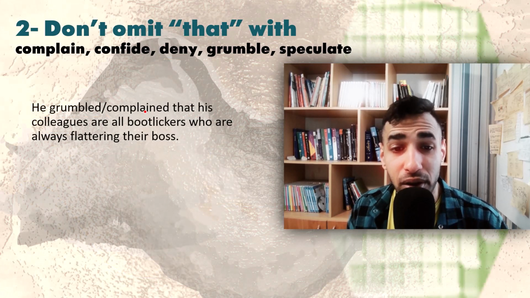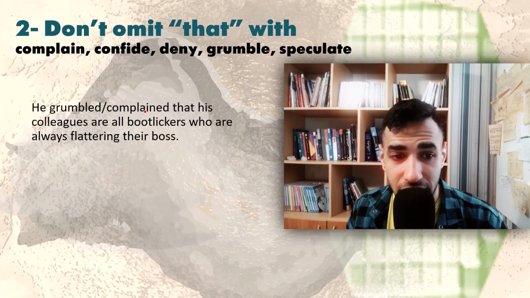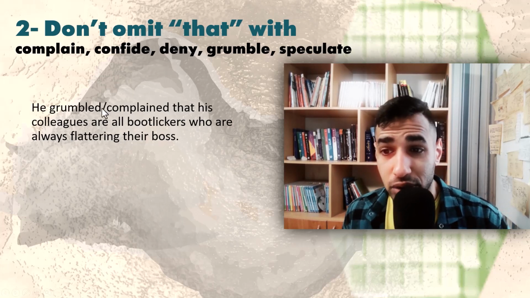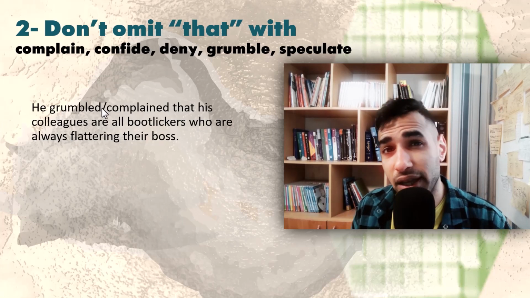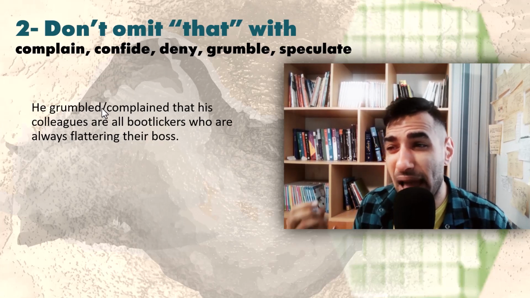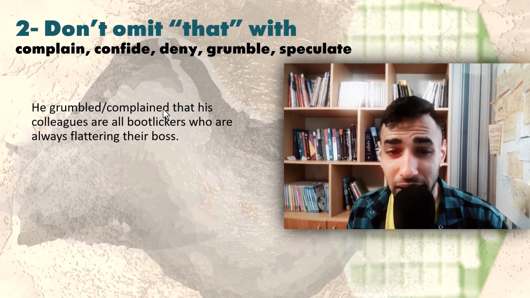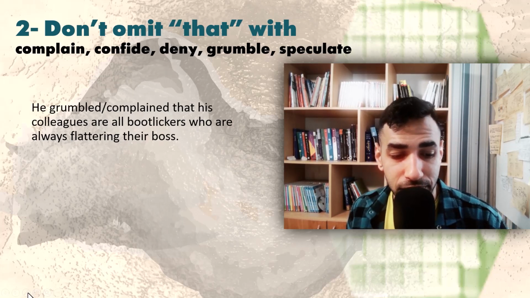He grumbled, complained that his colleagues are all bootlickers who are always flattering the boss. Grumble and complain, they're not so common reporting verbs. Grumble means to complain about something in a very bad way, in a bad-tempered way. He grumbled, complained that... that is necessary.